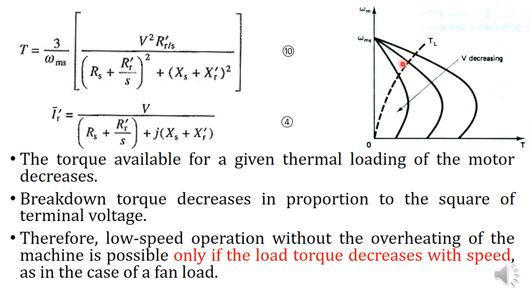For such low torque applications, you can use stator voltage control, because as speed decreases, the torque demand also decreases. So you can use stator voltage control. Even though the torque capability of the machine is less, the drive will satisfactorily operate.